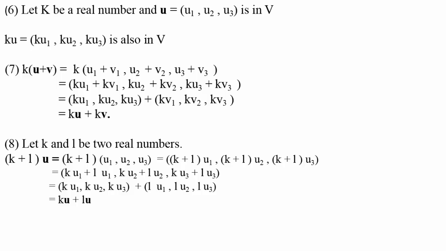By the definition of scalar multiplication, this can be written as k into (u1, u2, u3) plus l into (u1, u2, u3), and hence it is nothing but ku plus lu. Thus, (k plus l) into u is equal to ku plus lu is satisfied.